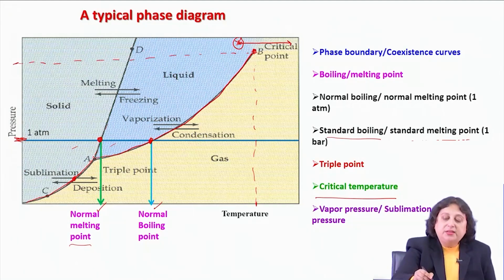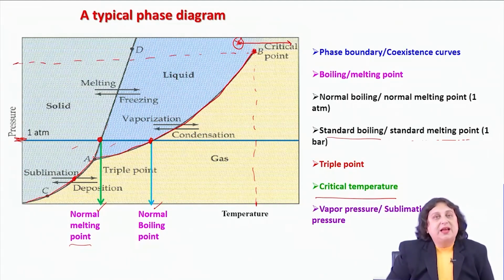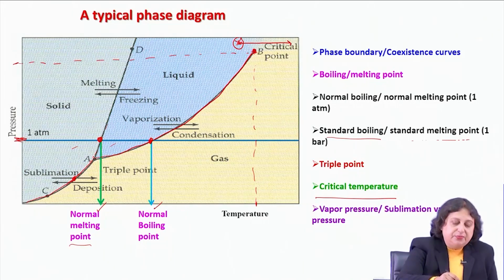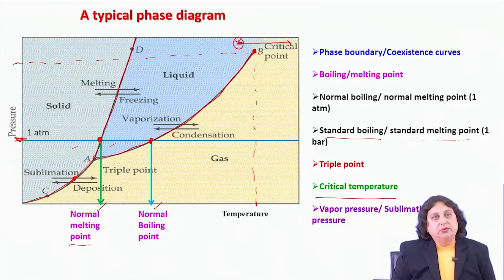Beyond the critical point, the liquid and the gas phase are similar and they can be continuously transformed into each other. But the same is not true for the solid and the liquid phases, and here the phase boundary or coexistence line continues indefinitely.